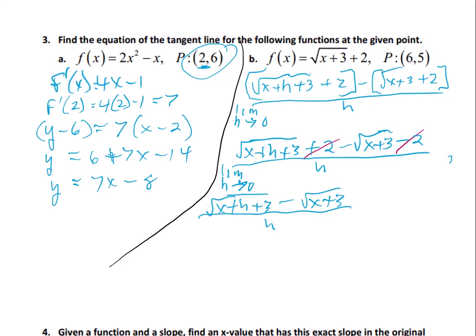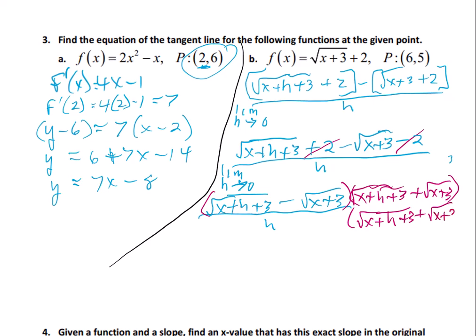Okay, so I'm going to multiply that by square root of x plus h plus 3, hang with me, plus square root of x plus 3 on top and bottom. So I'm multiplying by 1.